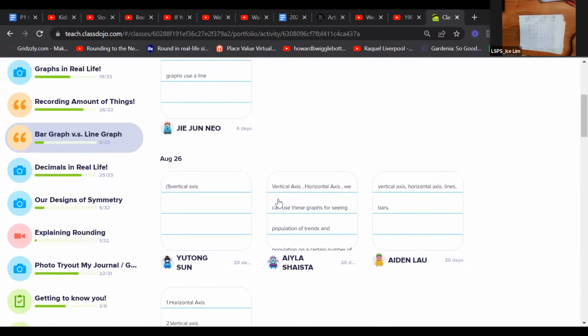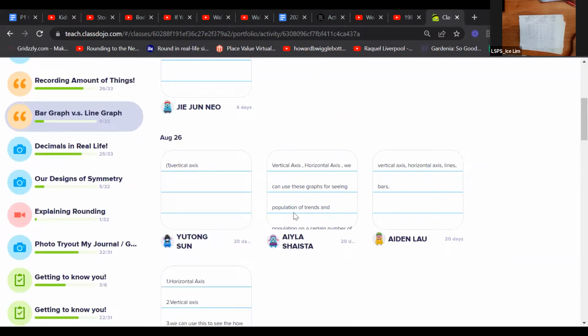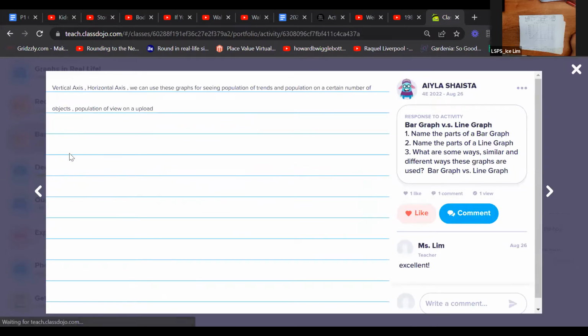And some of our friends noted here that in a graph we need to show the vertical axis and horizontal axis, and some of the graphs show population or trends. So some very good sharing there.